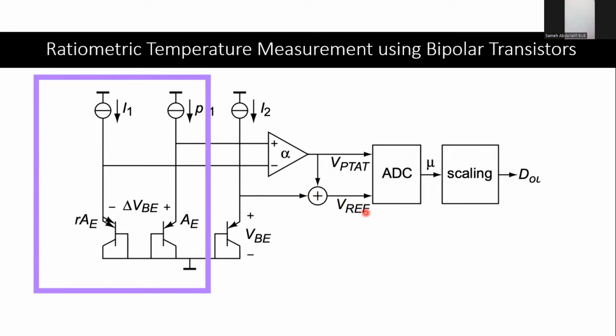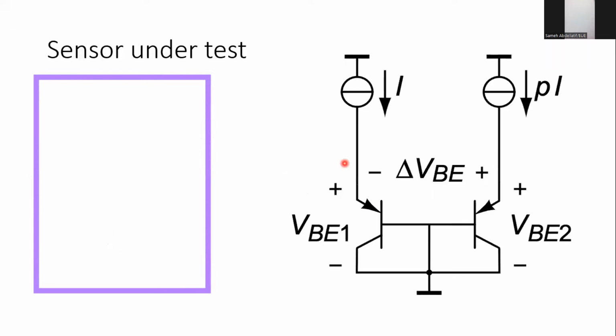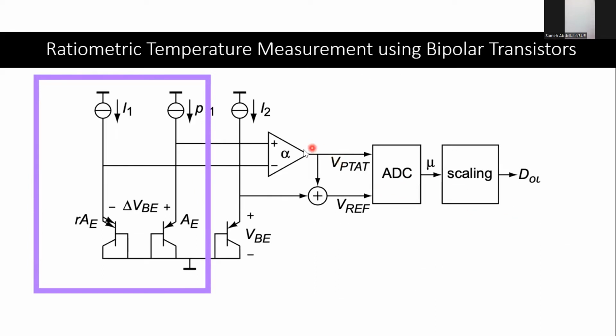Principally, the voltage VPTAT is typically the same as the voltage we just calculated, which is delta VPE, but with only adding this multiplication factor.